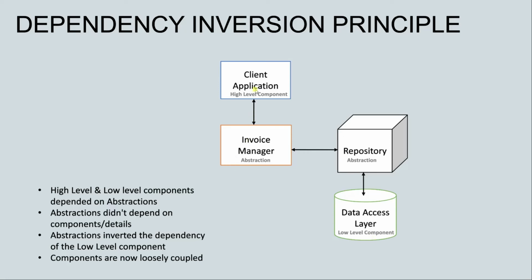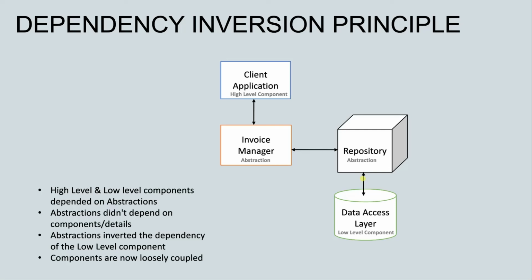If you observe, the client application is depending on the invoice manager, and the data access layer is depending on the repository. And these abstractions didn't depend on component details. Did you see? These abstractions have something to rely on the details. The data access layer is utilizing the repository to serve the client application, and similarly the client application is utilizing the invoice manager to send a request to the data access layer or update it.